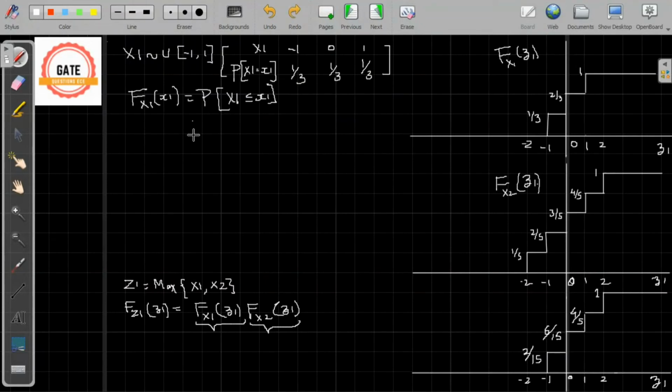So this is equal to the summation of all values of random variable X1 that are less than or equal to small x1, probability X1 is equal to small x1. So this is nothing but the sum of all the probabilities of random variable X1 whose values are less than or equal to small x1.